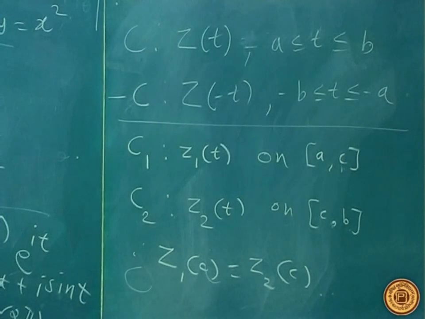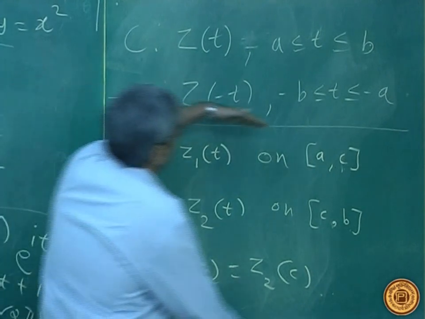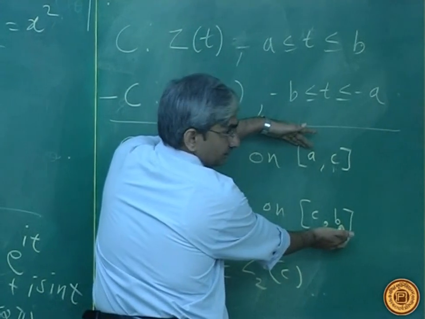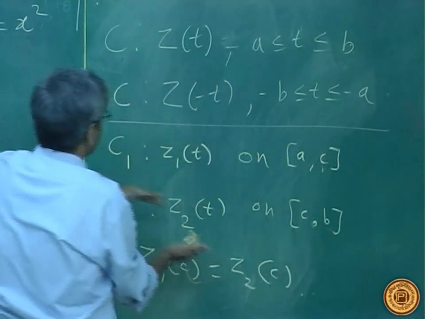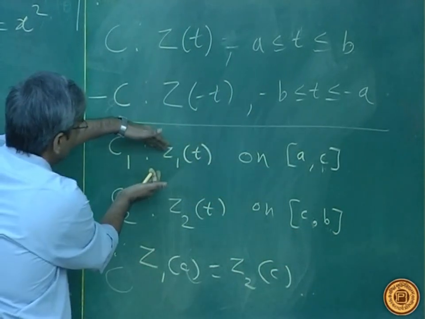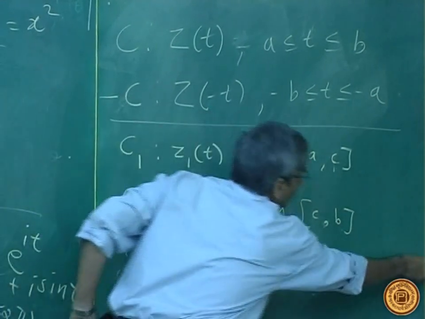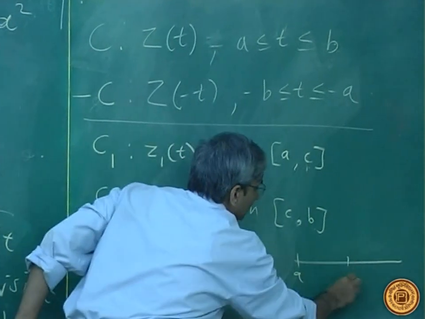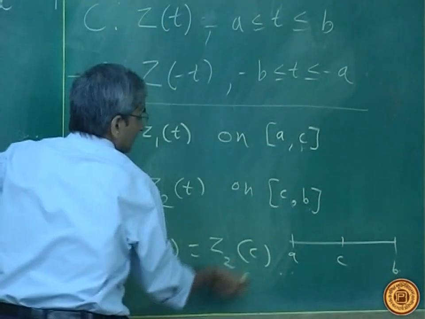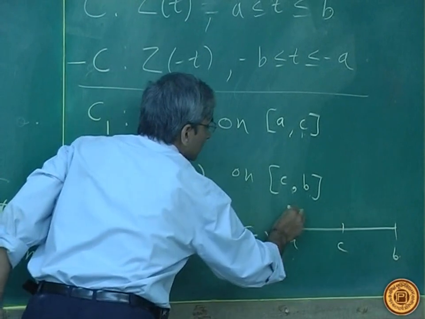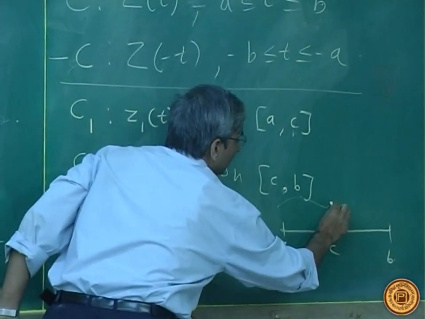Then from A to B, we have this function, which is given by Z1 on the part A to C, and Z2 on the part C to B. If you look at A, C and B, then on this part you have Z1 and on this part you have Z2.